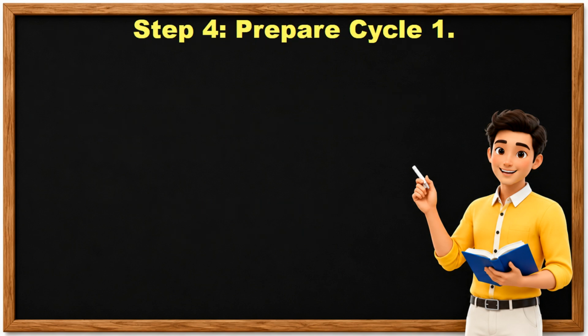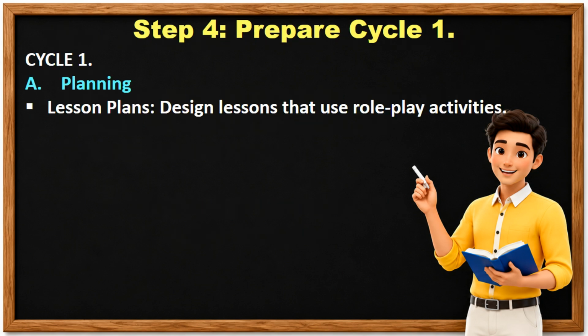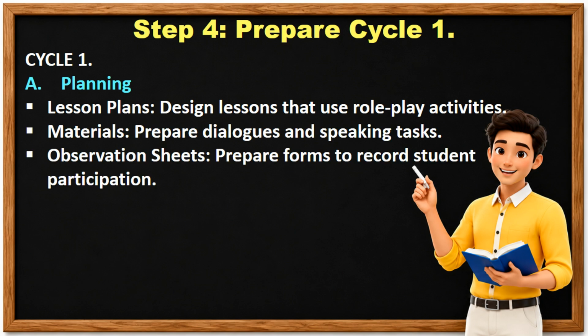Step 4. Prepare Cycle 1. Now the teacher begins the first cycle. Cycle 1. A. Planning. Planning means preparing everything before teaching. The teacher prepares lesson plans, designing lessons that use role-play activities. Materials, prepare dialogues and speaking tasks.